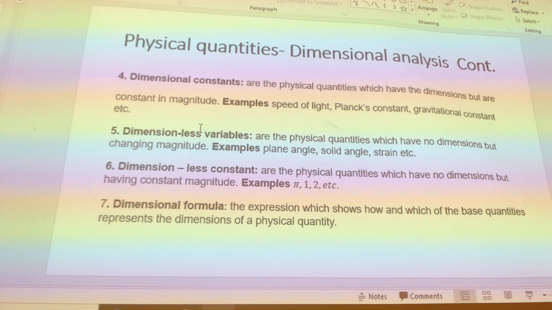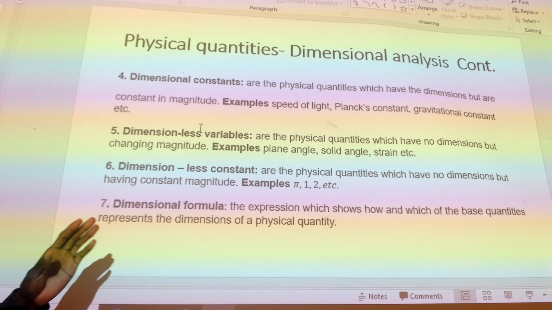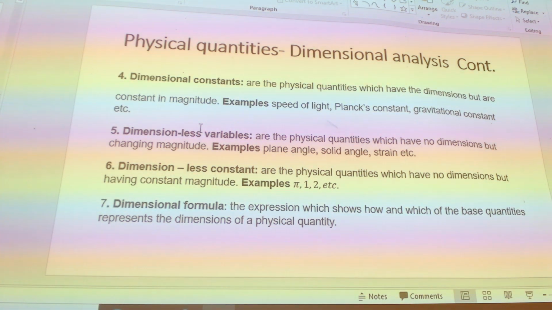Like pi is a number which in trigonometry we can represent as 180 degrees, while in numbered form we represent pi to be 3.142. And we also have 1, 2, 3, 4, 5, 6.